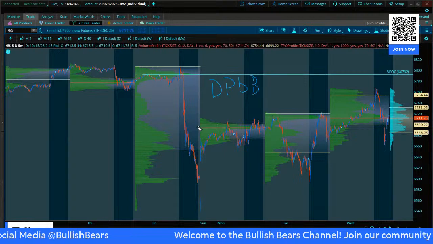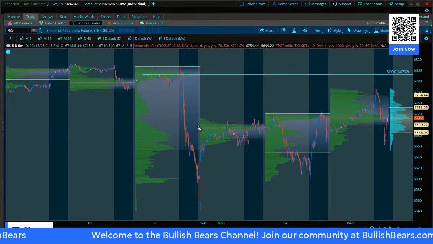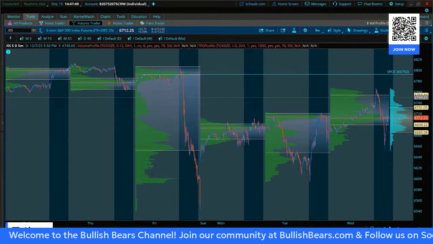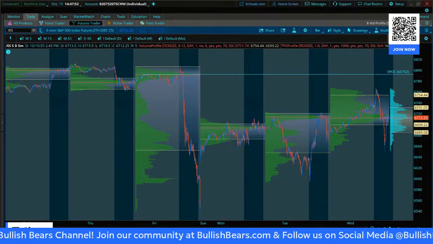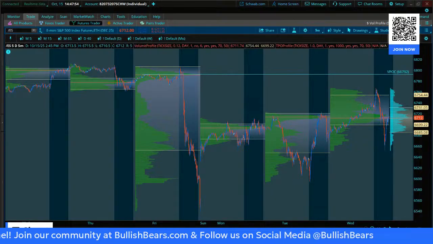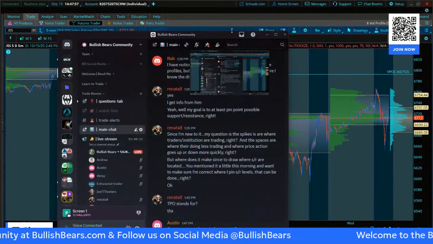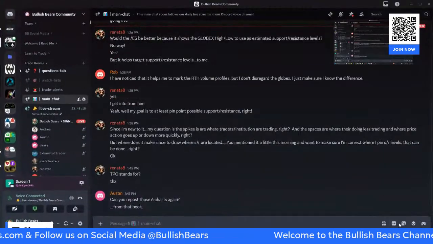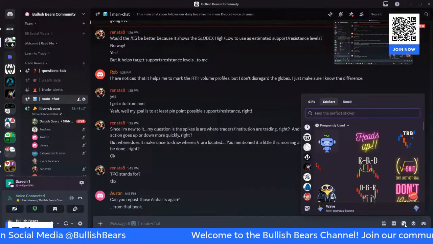I made them into stickers. I think you guys can see those stickers if you look at the Discord. I'm not for sure, but here's the stickers button.